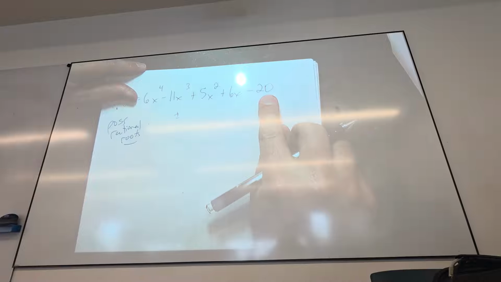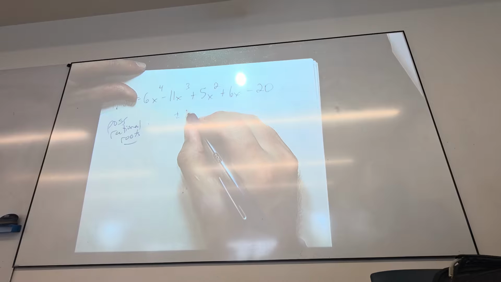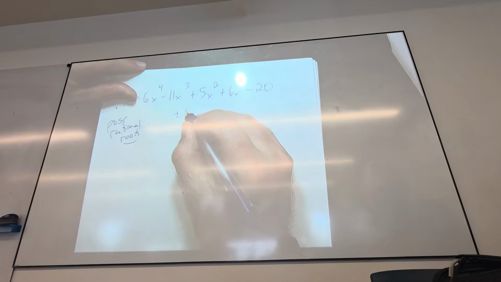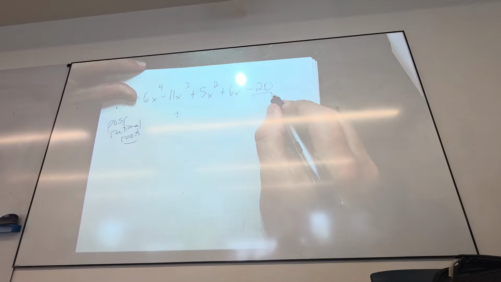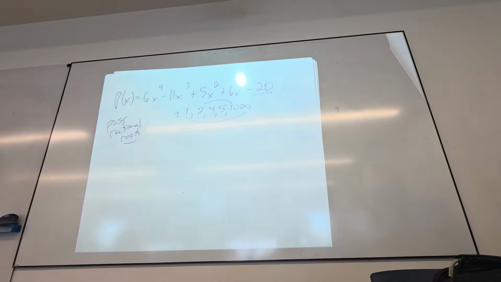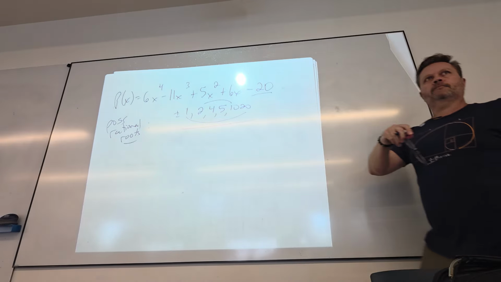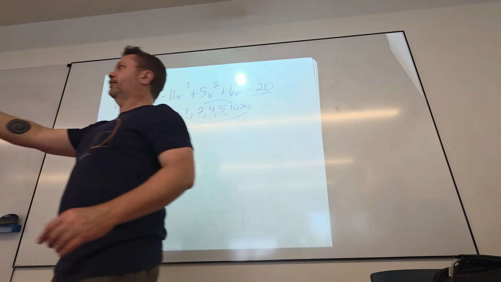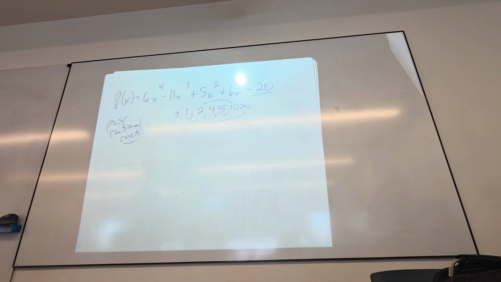So we take plus or minus factors of this, yes? That's the same. 1, 2, 4, 5, 10, 20, yes? But who remembers what I have to put on the bottom? It was the last thing we did yesterday.